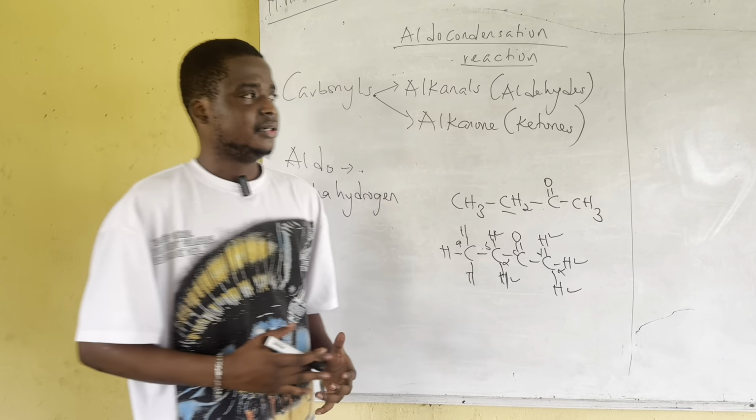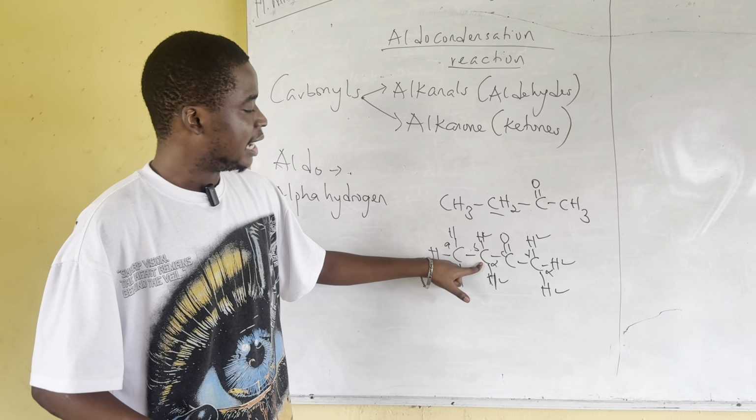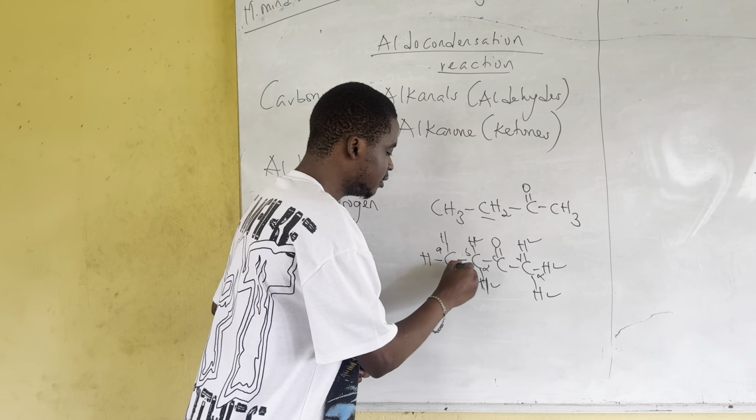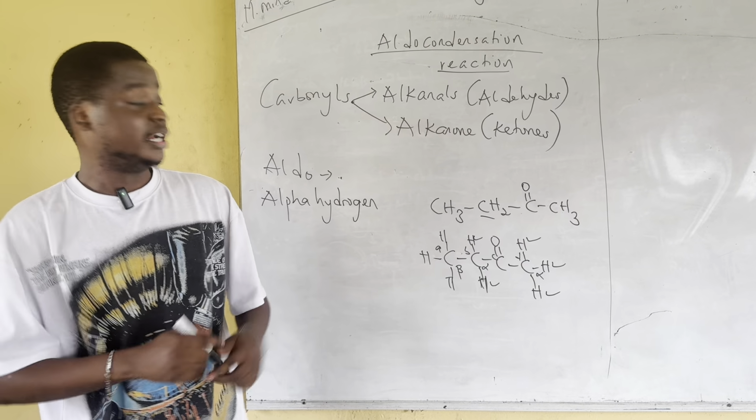Any carbon that is attached to an alpha carbon in a carbonyl structure is called a beta carbon. Carbon A is attached to carbon B, and carbon B is an alpha carbon, so carbon A is a beta carbon, and so on.